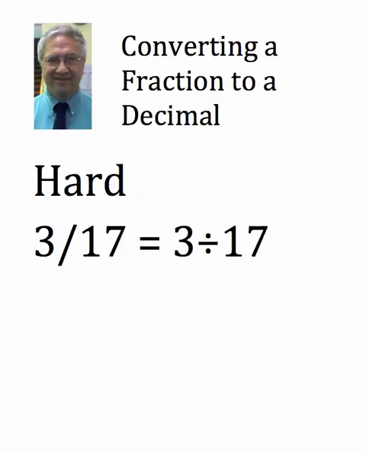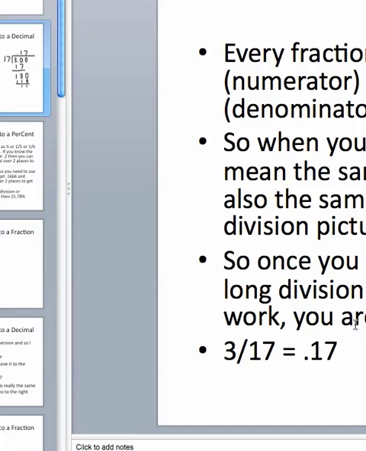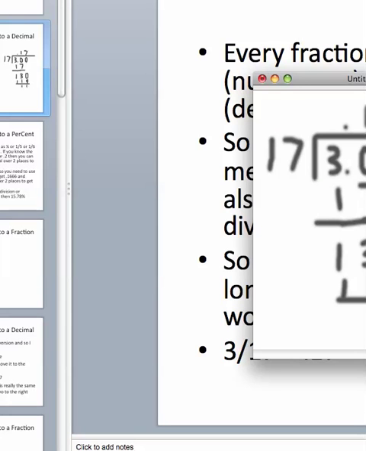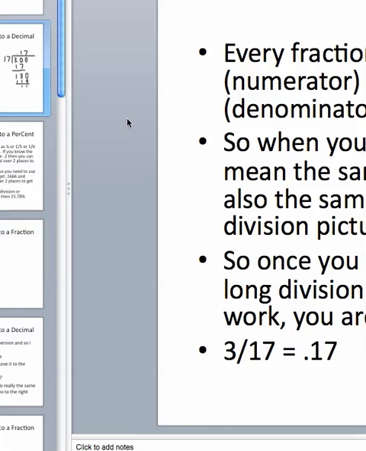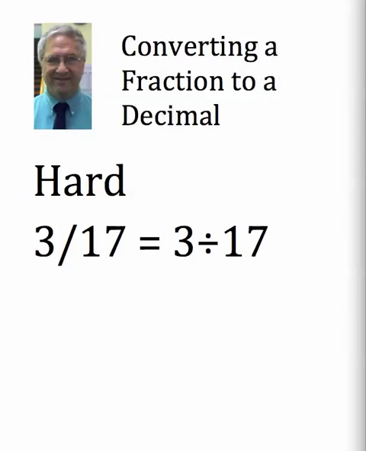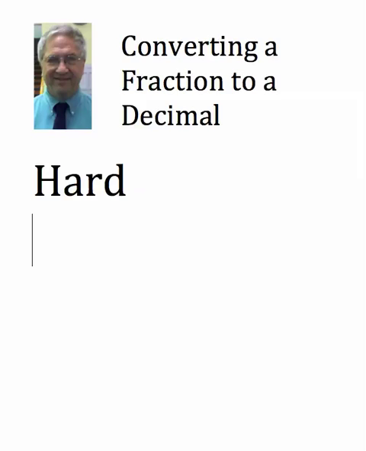And maybe if you're allowed to use a calculator, you use a calculator. But you do long division, and when you're done, it's going to look a little bit like this, right? You're going to do your long division step by step, and you're going to move the decimal place over, just the way you've learned to do that, right? And when you're done, you're going to have something that looks like this. For 3/17, you're going to have this.